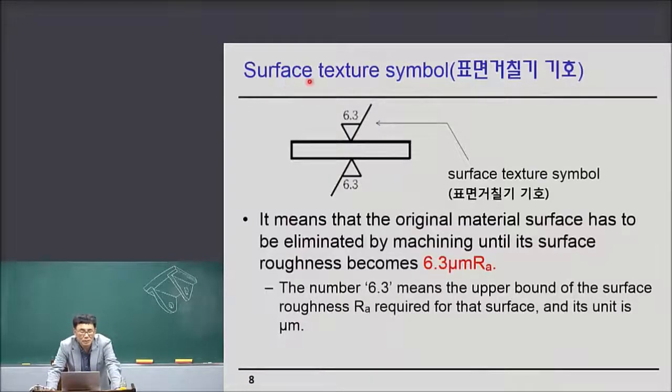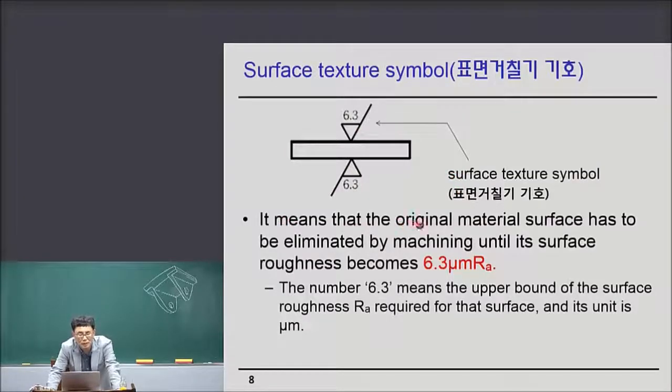Okay, and this is a surface texture symbol. The symbol is something like a triangle, and you have a line here, with 6.3. If it indicates the bottom surface, then it is turned 180 degrees, so the direction is like this. This is the surface texture symbol.